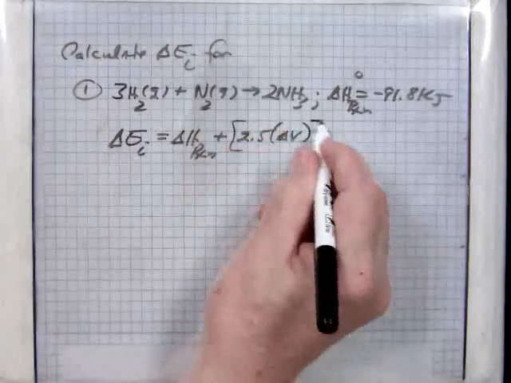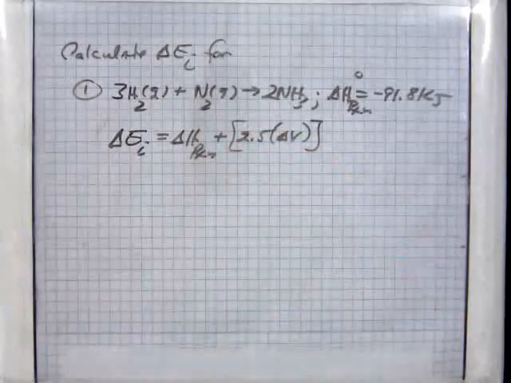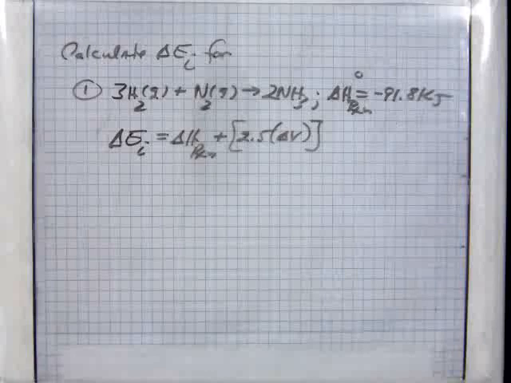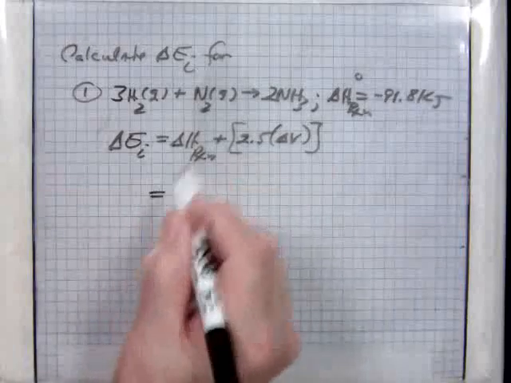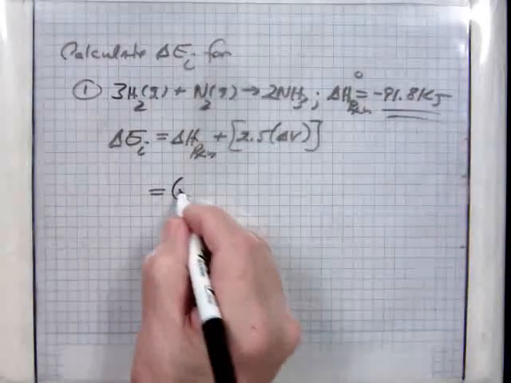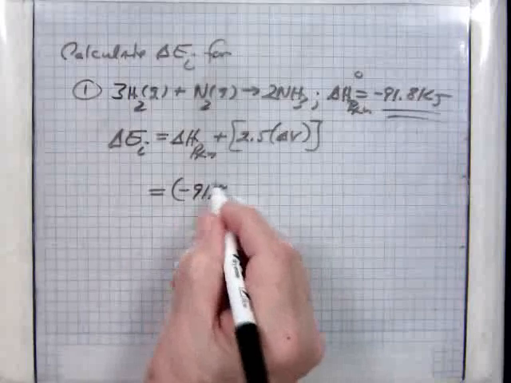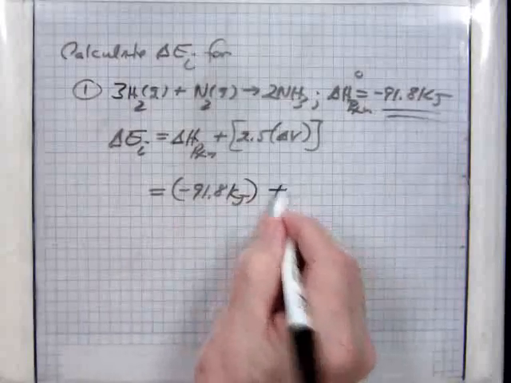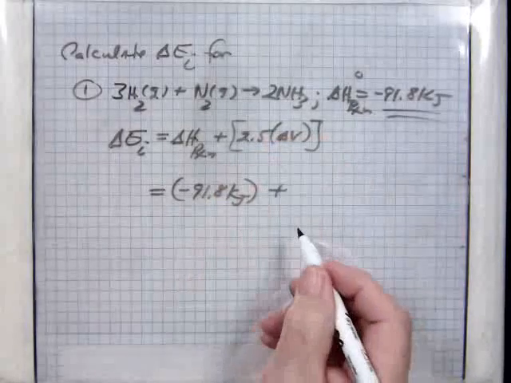Now put a bracket around that because you're going to have to put a sign inside of that. Plus or minus is what I'm trying to tell you. And it's not hard to do, but you've got to visualize it in your mind. The delta H is given over here, so we'll put that right here, minus 91.8 kilojoules. But how do I get the delta V? Well, I just showed you.